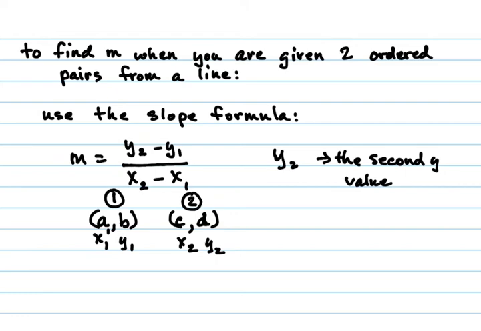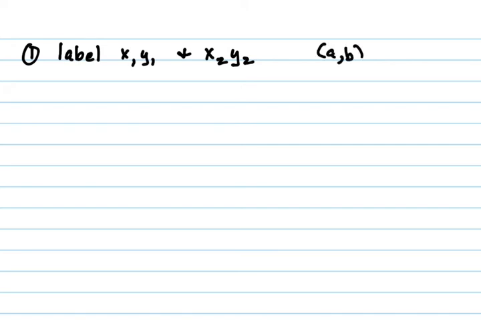All right. So that's all the background we need. Let's talk about how to use it. Okay? So the first step in using it is label your x1, y1, and x2, y2. If you don't take the time to label these, and again, you don't have to do that. What I usually do is this.